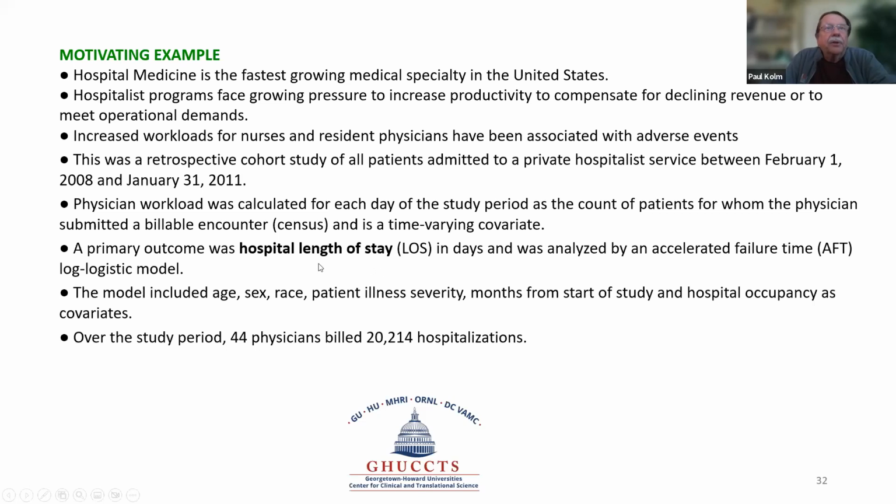And our outcome variable is going to be hospital length of stay. And again, you can see that over the study, 44 physicians billed 20,000 some hospitalizations. So we do have a random effect of physicians, because you don't have the same physician billing 20,000 patients.